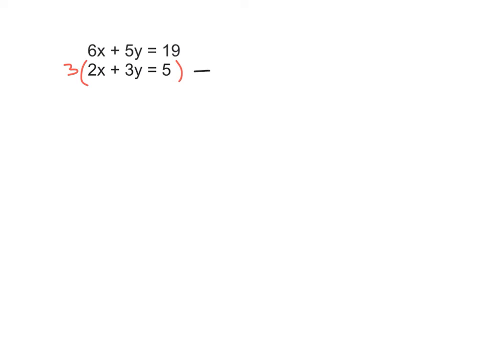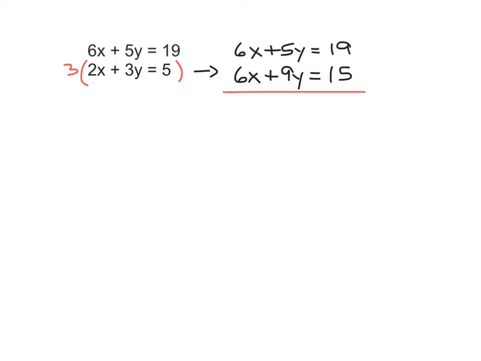So, I'm going to go ahead and do that. 3 times 2x is 6x, and then 3 times the 3y is plus 9y equals, and 3 times 5 is 15. Again, 3 times 2x, 3 times 3y, and 3 times 5. Now I'm going to go ahead and rewrite my first equation right over it. 6x plus 5y equals 19.